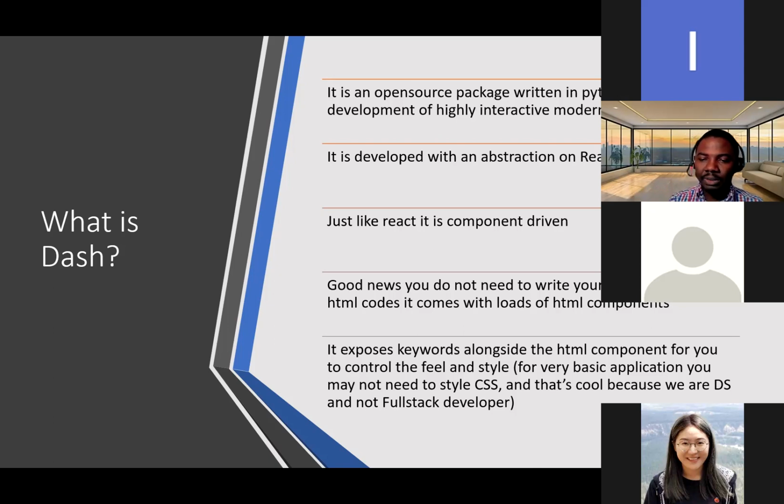Now with Dash, you probably don't need to worry too much about this if you're building a very basic app, because we are data scientists, and we probably don't want to get deep into writing complex CSS or whatnot. What Dash does is expose a keyword. With that keyword, you can control the color, the feel, and a lot of stuff that you'd like to see in your application.